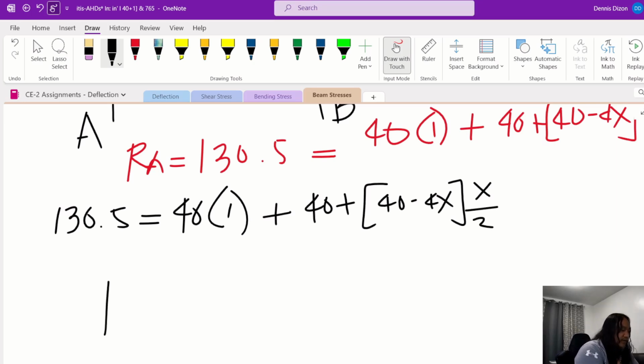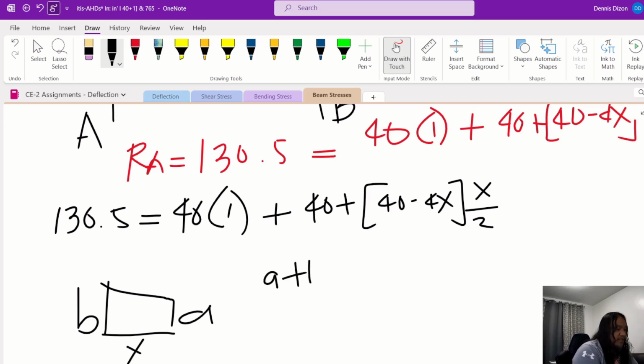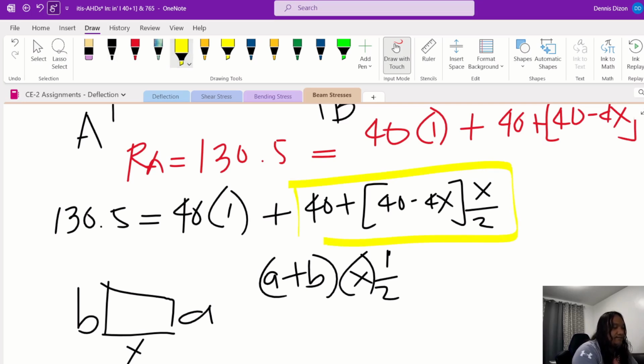If you have a trapezoid, and you remember that one, if this is A, and this is B, and this is distance x, our area is A plus B times x, and then times 1/2. So this one here, basically.